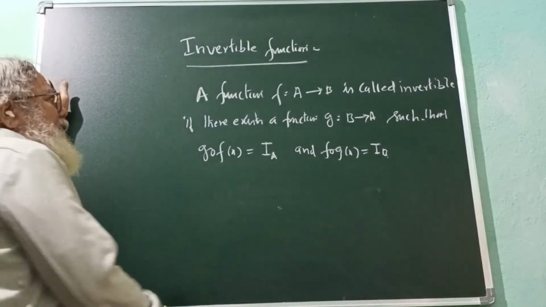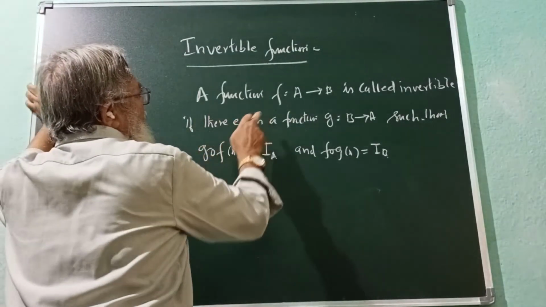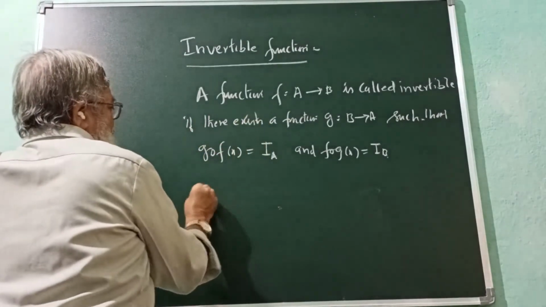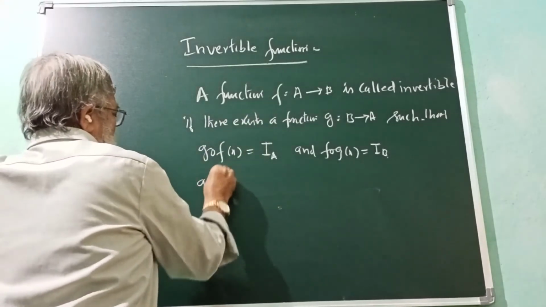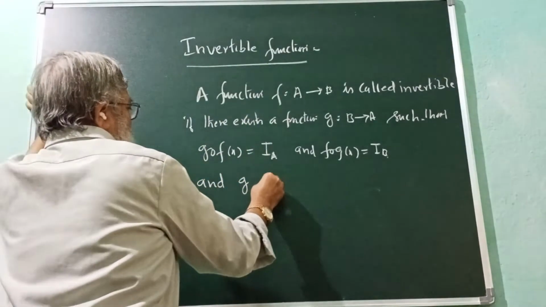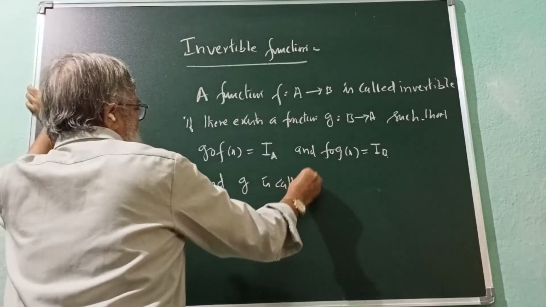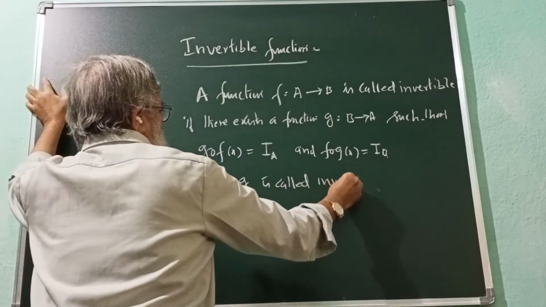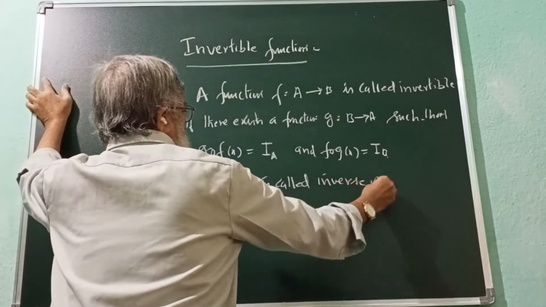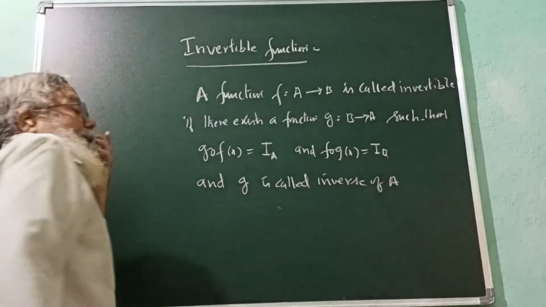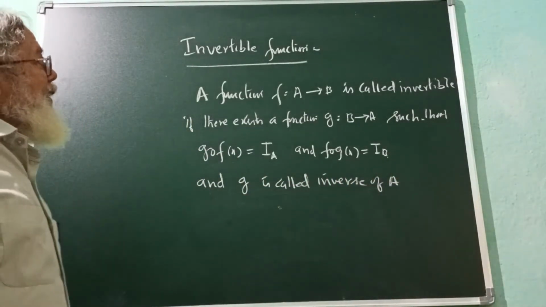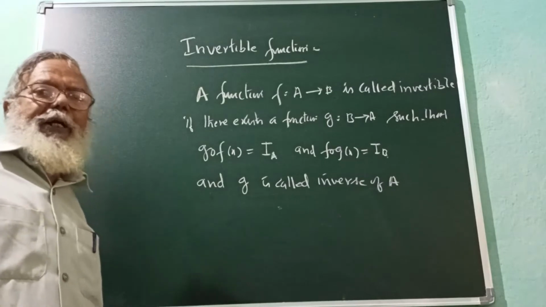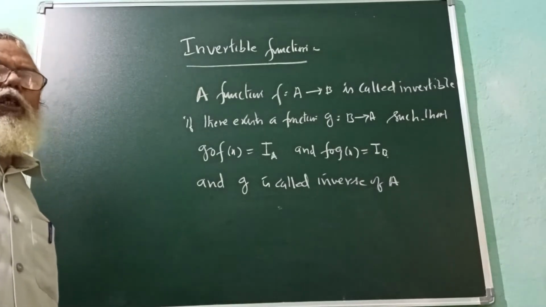Then the function is called invertible and g is called the inverse of f. One thing we remember is that a function will be invertible if and only if it is both one-one and onto.